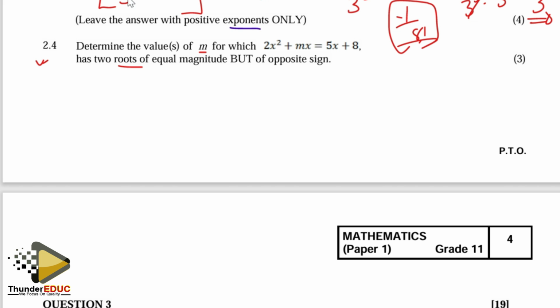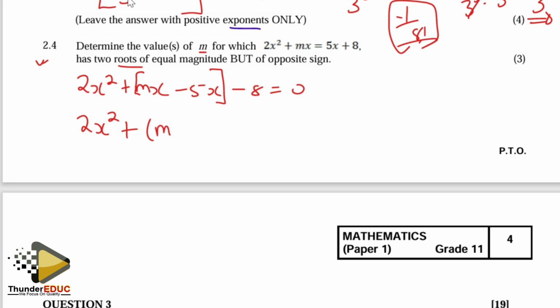So step number 1, I'll have to rearrange this: 2x squared plus mx minus 5x minus 8 is 0. I can group this together since they have something in common. So 2x squared plus m minus 5 into x minus 8 is equal to 0.